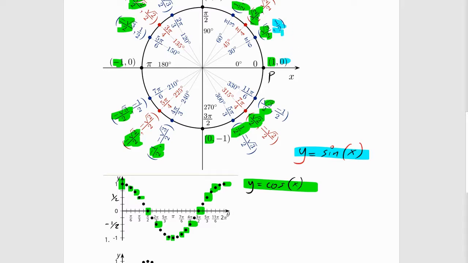All right, and then eventually you get all the way up and you get closer to 1, and then finally at pi halves or 90 degrees, you max out at 1. And then you go counterclockwise and you start getting smaller and smaller and smaller and then boom, you go right back to 0. Boom. Okay.